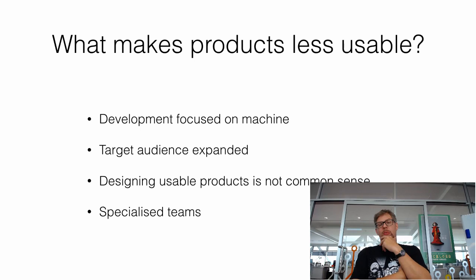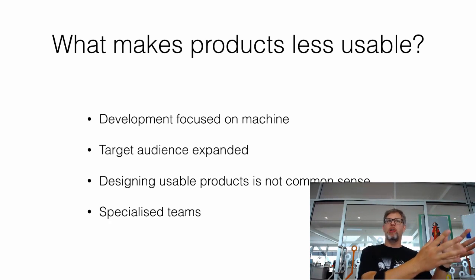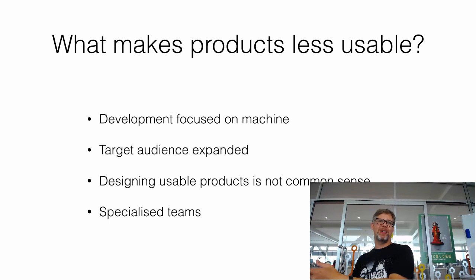Another problem is when you divide the team up. What happens is, first the engineers build it, and then they give it to the designer and say, okay, you make it pretty so that people will like it, and then you do a bit of testing just to confirm how good our product is, and that's it, right?